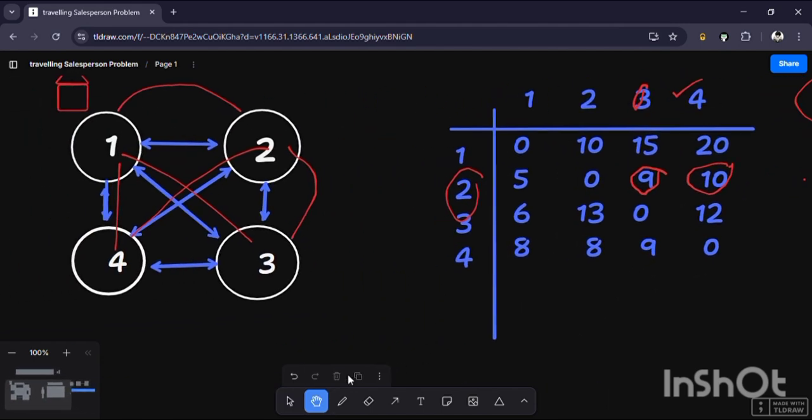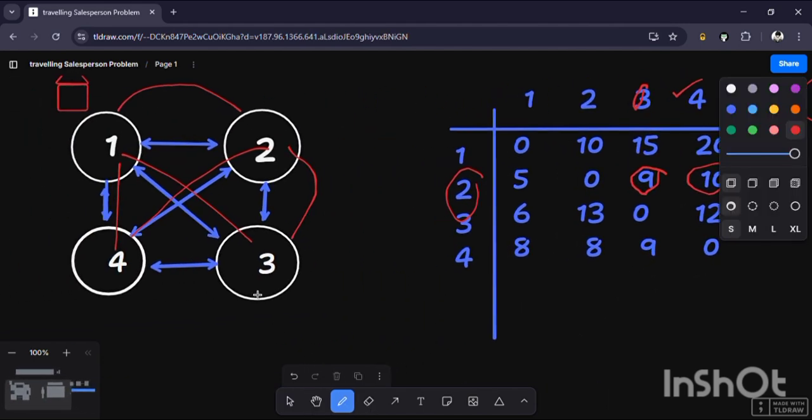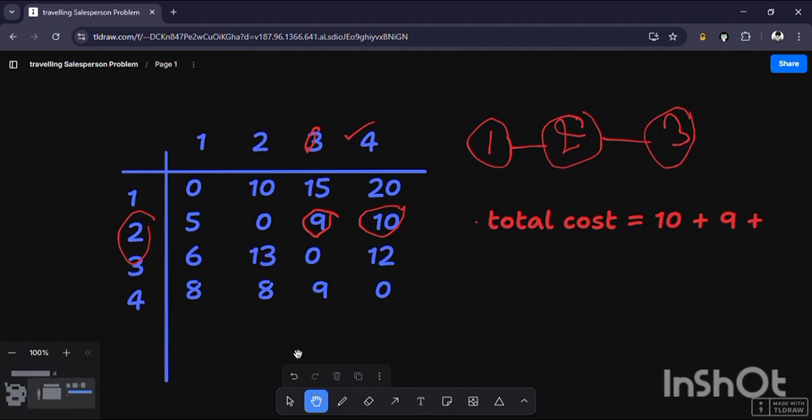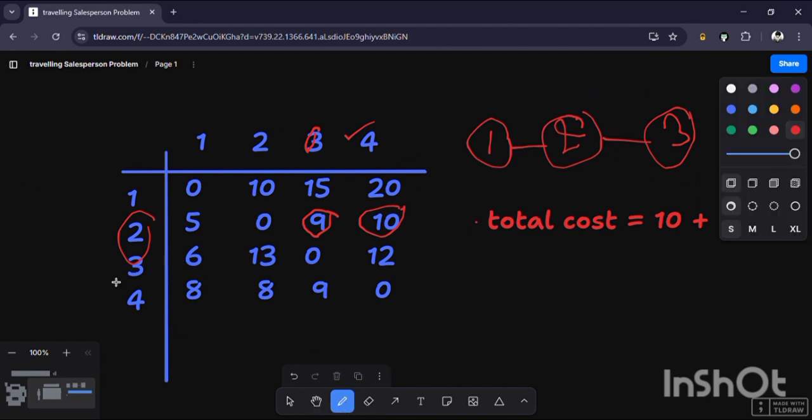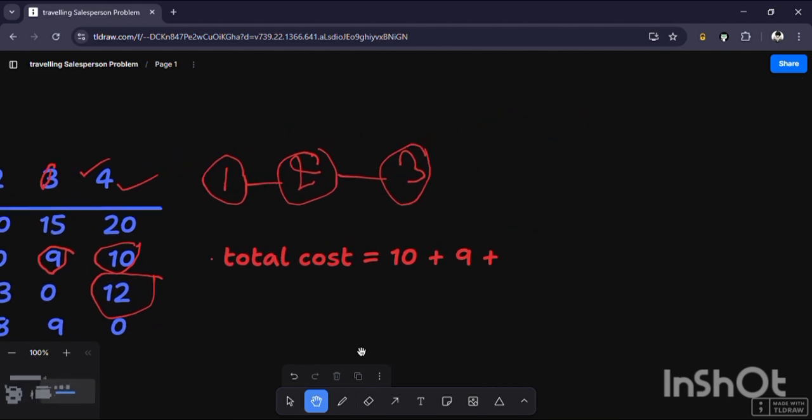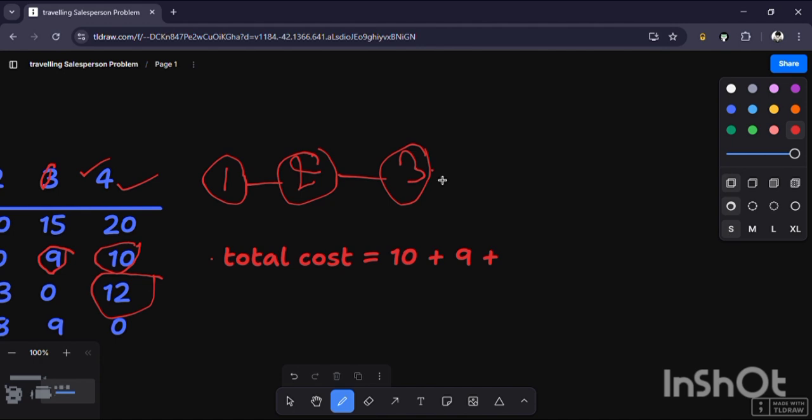From the third city, the only option available is to go to 4, right? 3 to 4. This is 3, this is 4. It will cost him 12. So 3 to 4 costs him 12 rupees. Let me add 12 here.